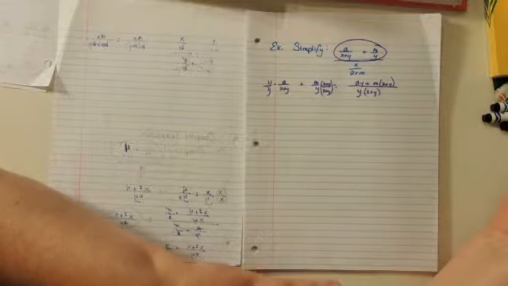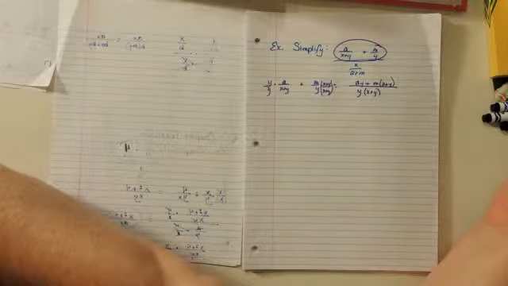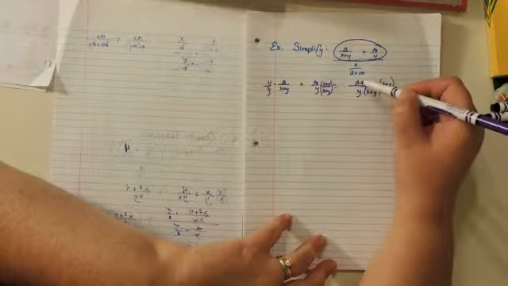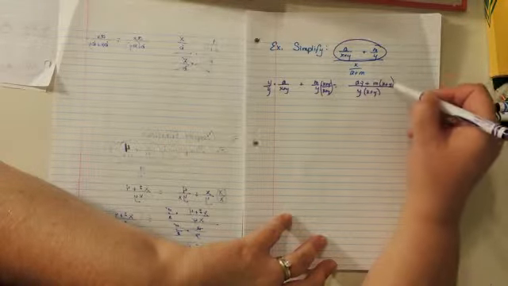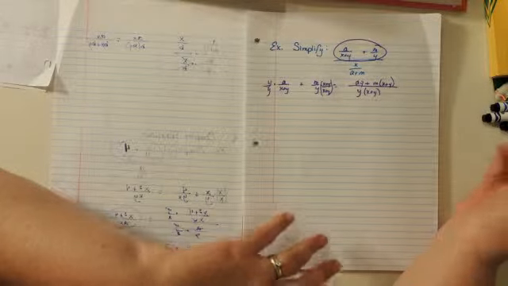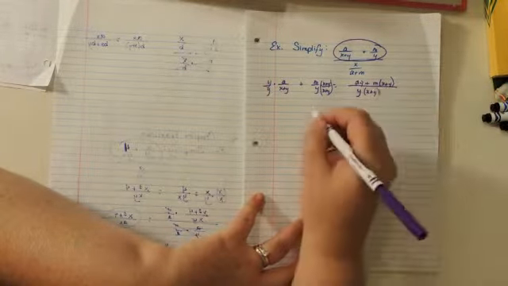Okay, let's stop now and see if there's anything that can cancel. There's only an a here, only an m here. There's a y in both of these terms, but remember this y is added, so there's nothing we can cancel at this step. So we're going to go ahead and multiply things through.